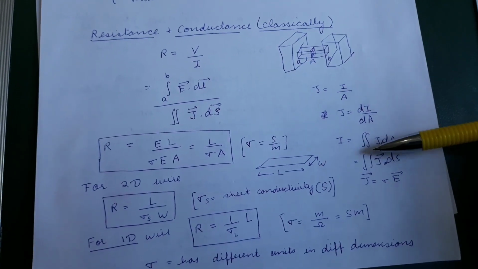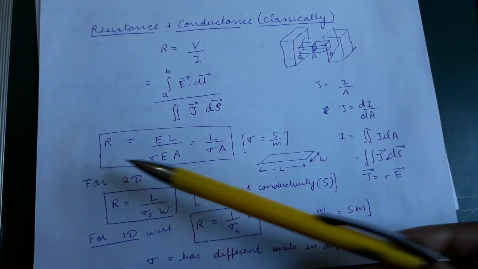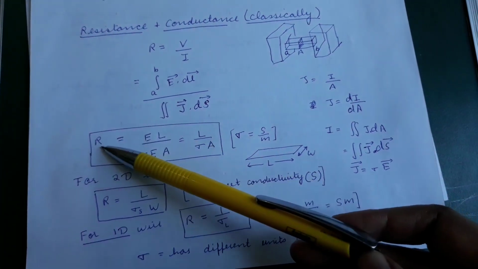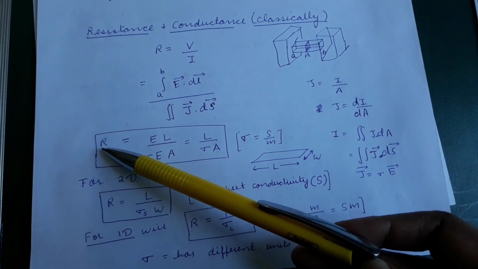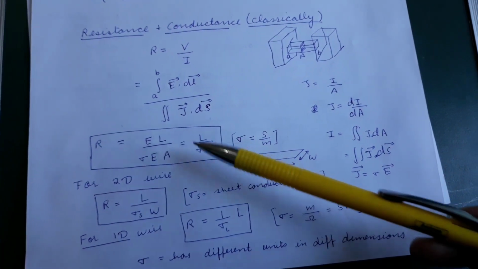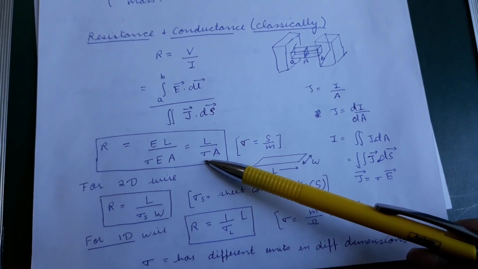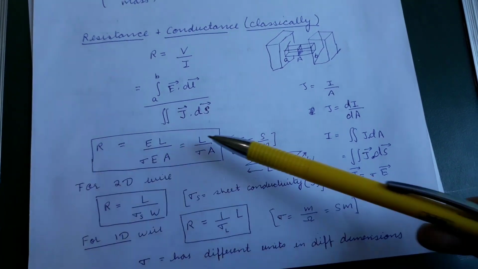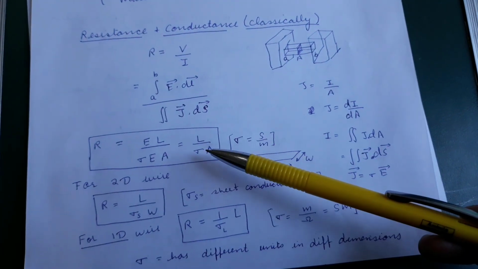So this is how we can derive it. So resistance can be written as this. Actually directly we could have written R is equal to rho L upon A. So rho is resistivity, 1 upon sigma, where sigma is conductivity. Therefore resistance is 1 upon conductivity, times length upon the cross-sectional area.